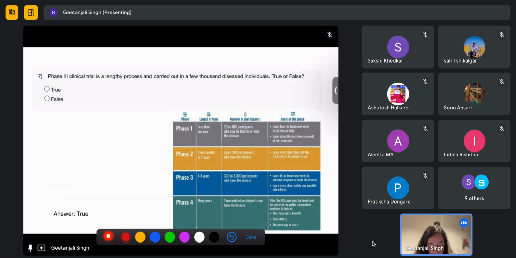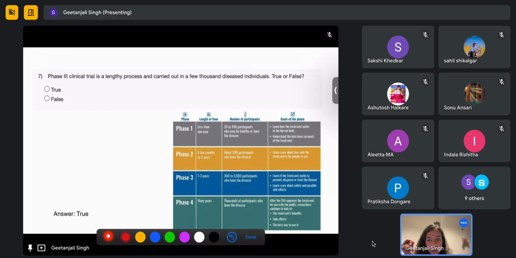In phase 2, they give this medicine to a group of 100 or more diseased individuals. Here they see how it is affecting them.